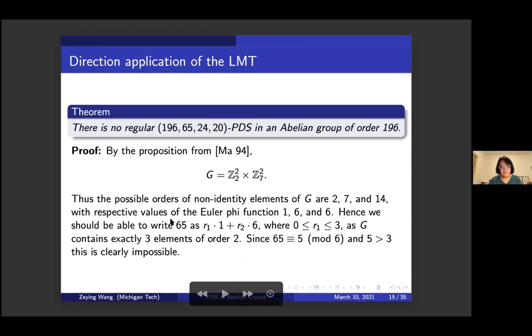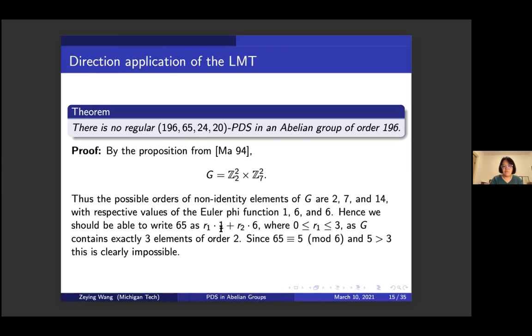So we can write down that 65 is the size of the partial difference set. R1 counts how many elements of order 2 are in it, which we don't know. R2 is the number of elements of order 7 or order 14, and because the Euler phi function of both is 6, that contributes R2 times 6 to the size. Because if you know one of them, you know a whole set of them.